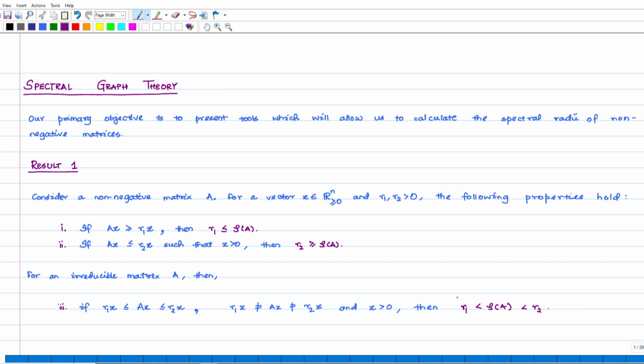Meaning, if all of these conditions hold, then we have found a neat bound of the spectral radius of A.